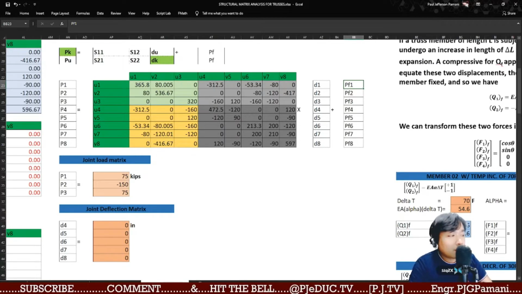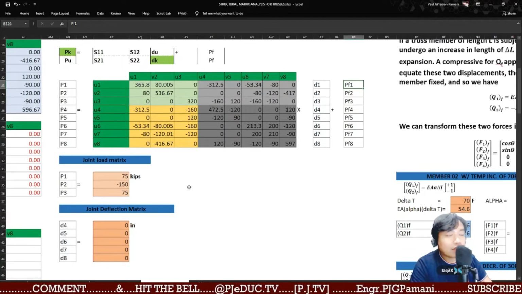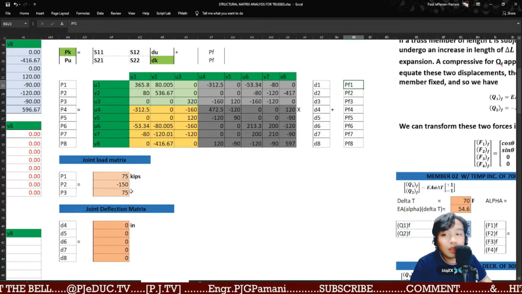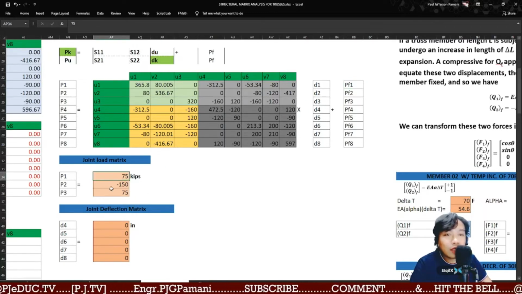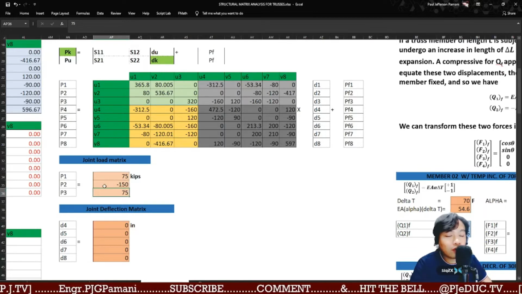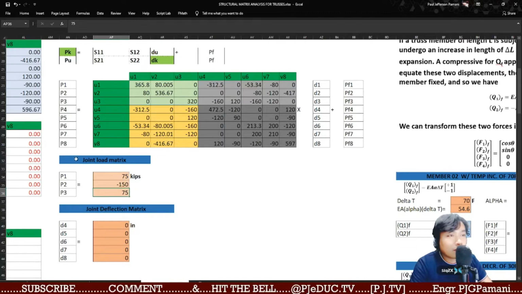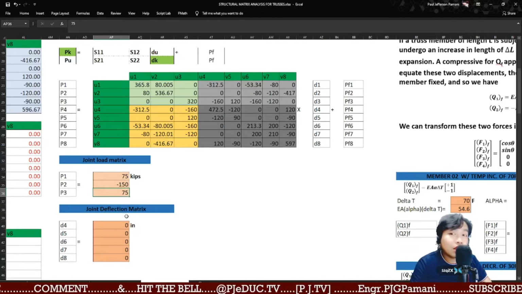So we know from previous examples that axial force 1, 2, and 3 has such values. Positive 75 kips, negative 150, and positive 150. Such that in a given problem, wala tayong impending deflection.